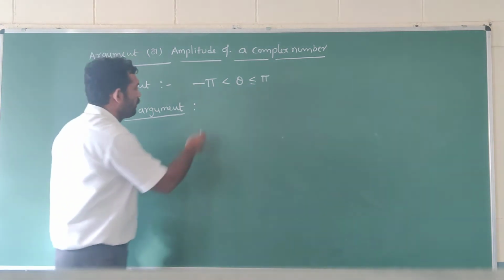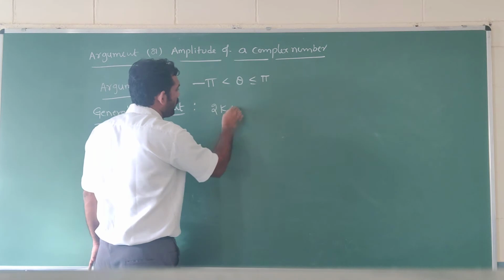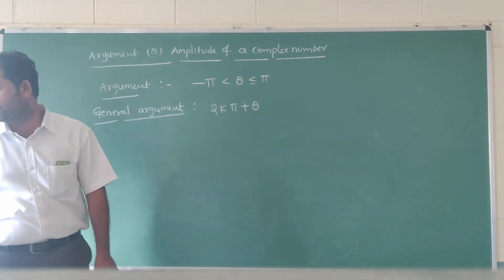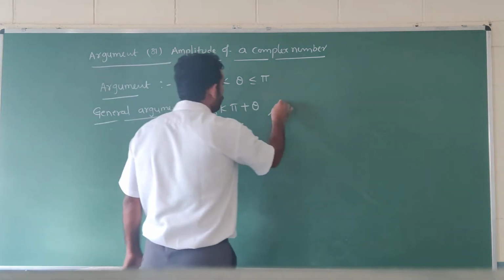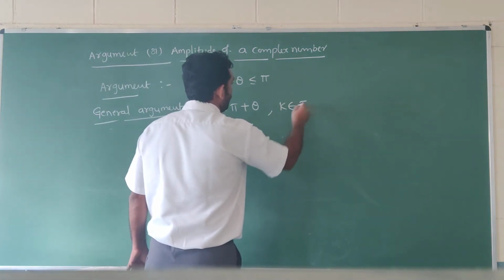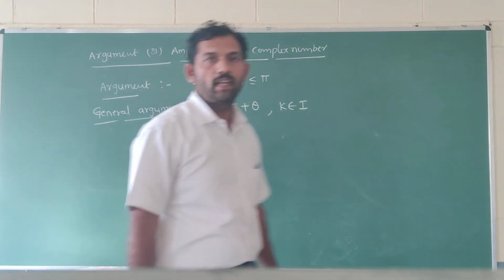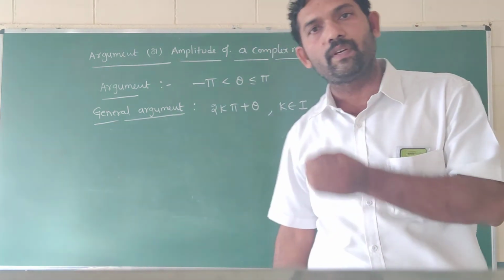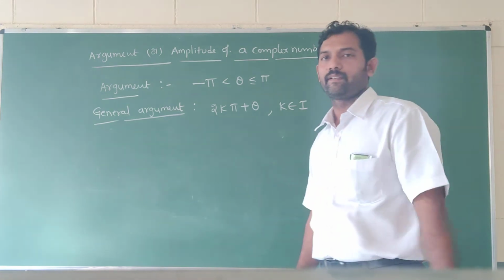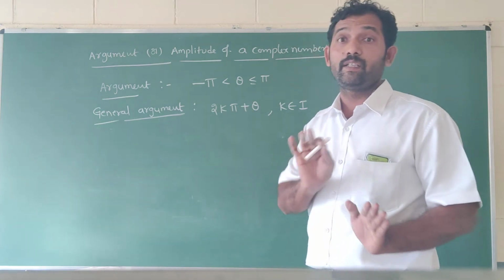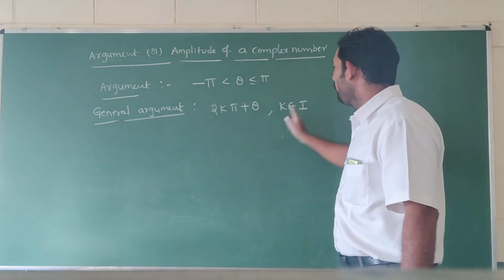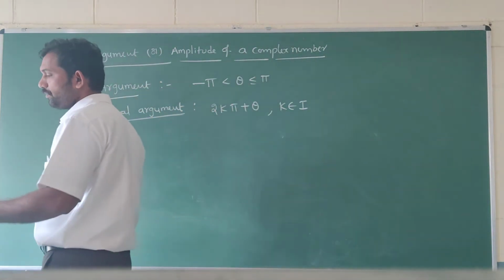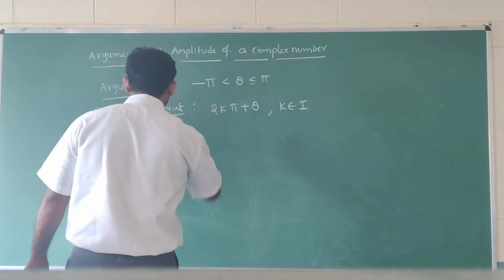The general argument is 2k pi plus theta, where k belongs to I. This is the general argument of the given complex number, where k is any integer, positive or negative.